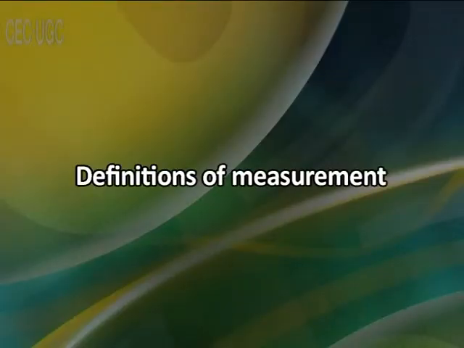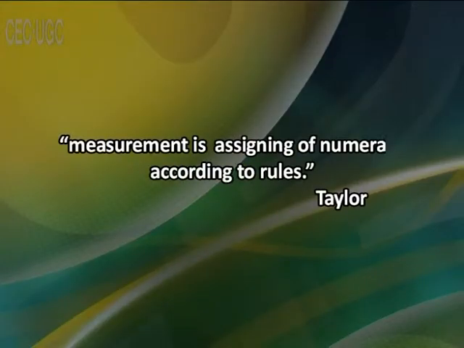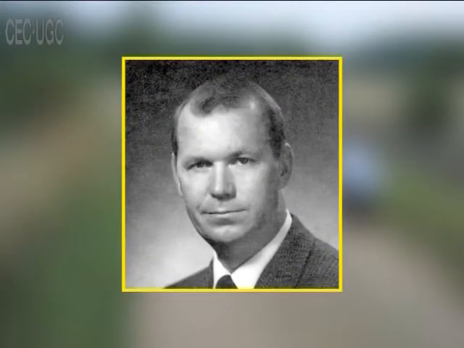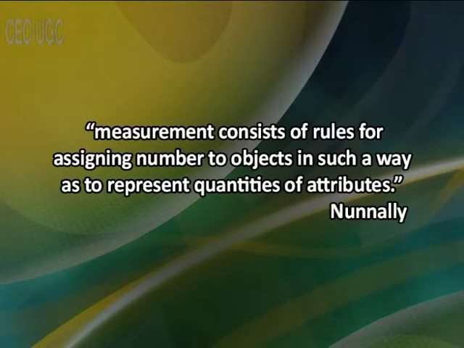Definitions of measurement. First, according to Taylor, measurement is assigning of numerals according to rules. Second, Nunnally defines measurement: measurement consists of rules for assigning numbers to objects in such a way as to represent quantities of attributes.